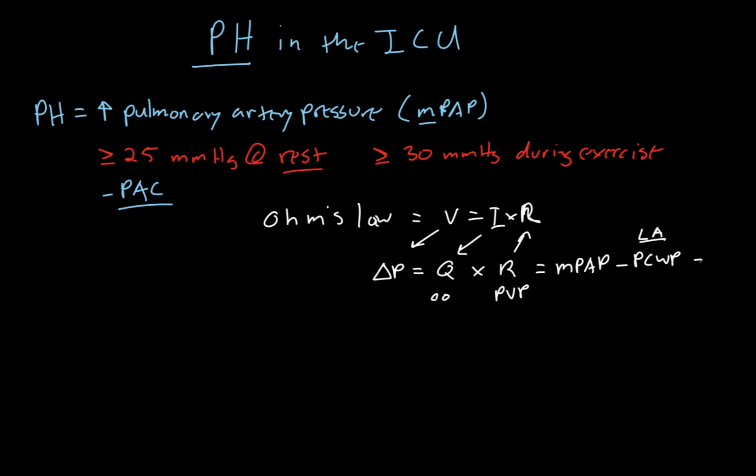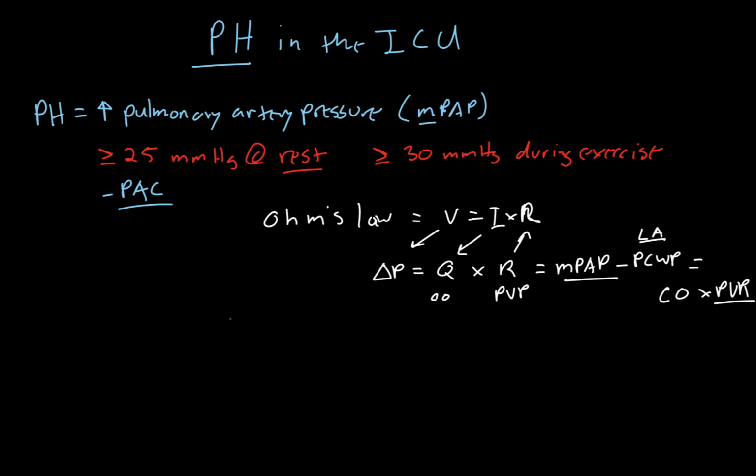Let's see where I am here. Equals cardiac output times PVR. PVR meaning pulmonary vascular resistance. Okay, so let's pull this down here again, and let's isolate mean pulmonary artery pressure, because we want to know what causes this. Because like I said, if you just say pulmonary hypertension, that doesn't tell me anything. So let's look at the parts of the whole.